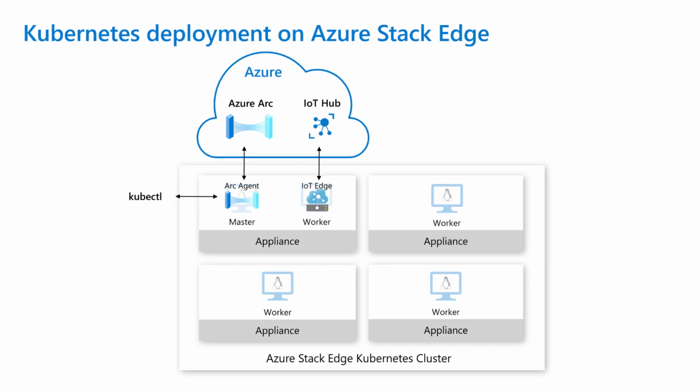Now, when we take a look at the Kubernetes deployment on Azure Stack Edge, which is in preview, as you can see, inside the appliance, there are master nodes and worker nodes running as a standard Kubernetes cluster. And inside the master node, there's an Azure Arc agent if you want to expose the Kubernetes cluster as an Azure resource in Azure.